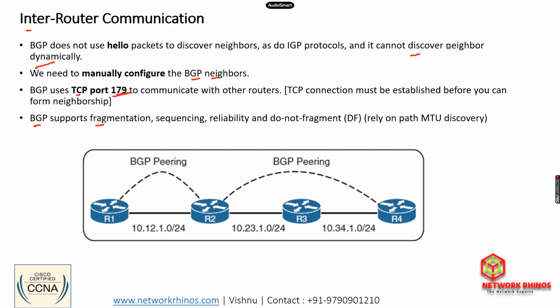BGP supports fragmentation, sequencing, reliability, DF, and relies on path MTU discovery. When I say fragmentation and MTU, you must be thinking about OSPF also. When you have two routers and try to form OSPF neighborship, if they have a mismatched MTU value, they're stuck in ExStart state.